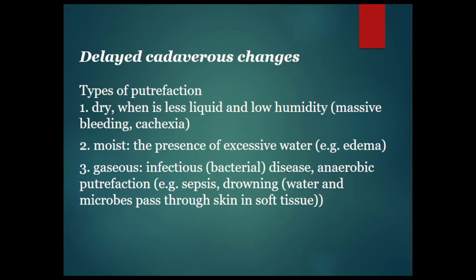This is seen mostly if the body had some bacterial lesions before, like abscesses. These bacteria distribute faster in case of sepsis, for example, and putrefaction goes very fast, very rapid.